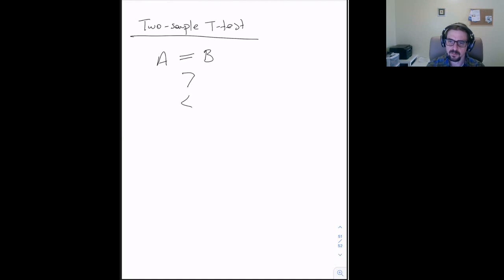Conceptually, it is very similar to one-sample t-test. For example, let's say your job was to see if these two groups are similar or different from each other, right? So I am testing if the groups are different from each other.